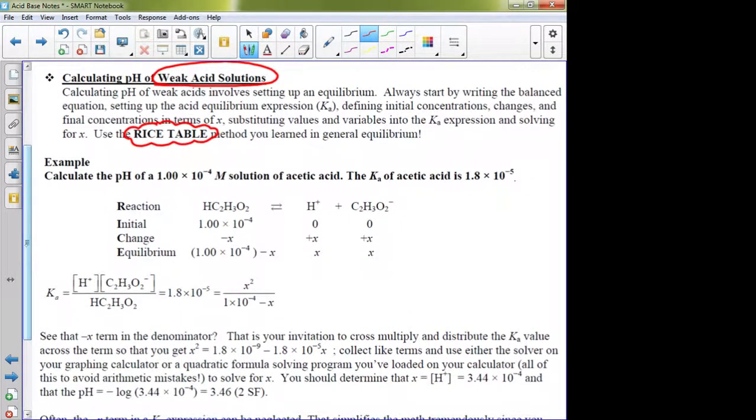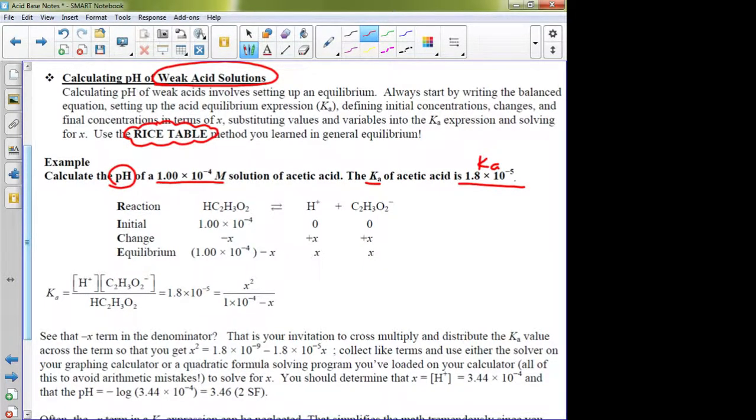So let's look at the example. It says calculate the pH of a 1.00 times 10 to the negative fourth molar solution of acetic acid, and the Ka of the acetic acid is 1.8 times 10 to the negative fifth. Okay. So it's already done for me, but we're just going to go into this.